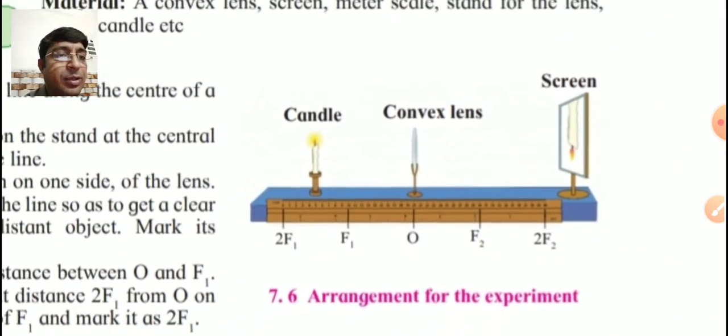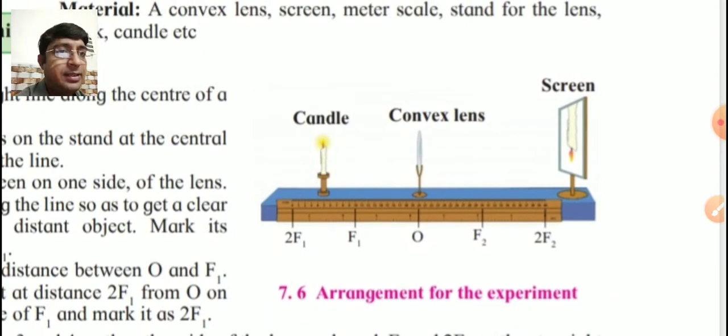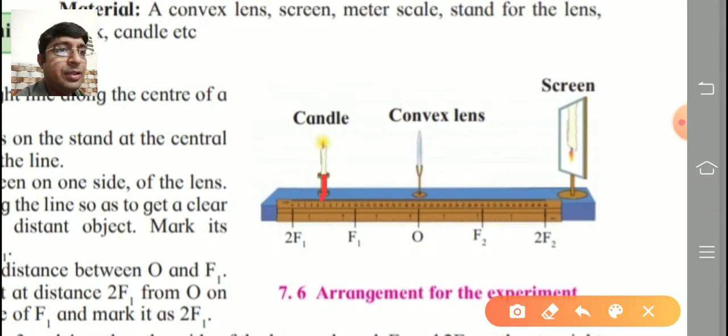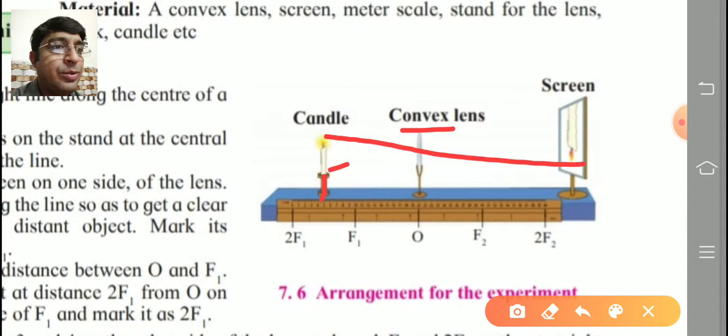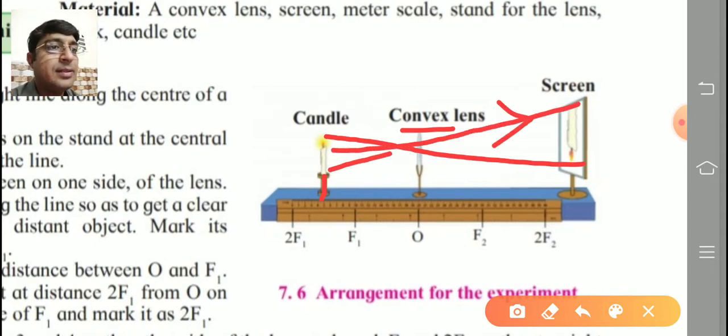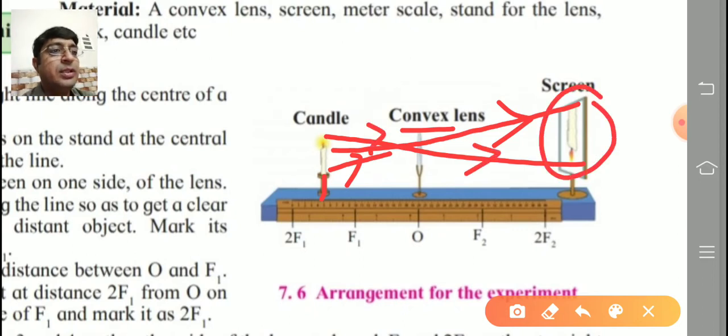In the figure we observe that the candle is shown here with a convex lens. So the upper side of the flame goes down and the lower side goes up like this, according to the rule, and here an inverted image is formed.